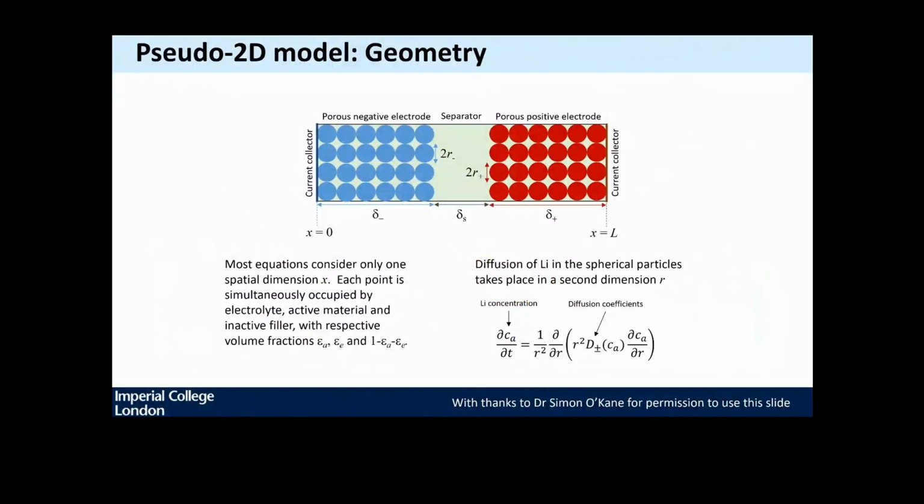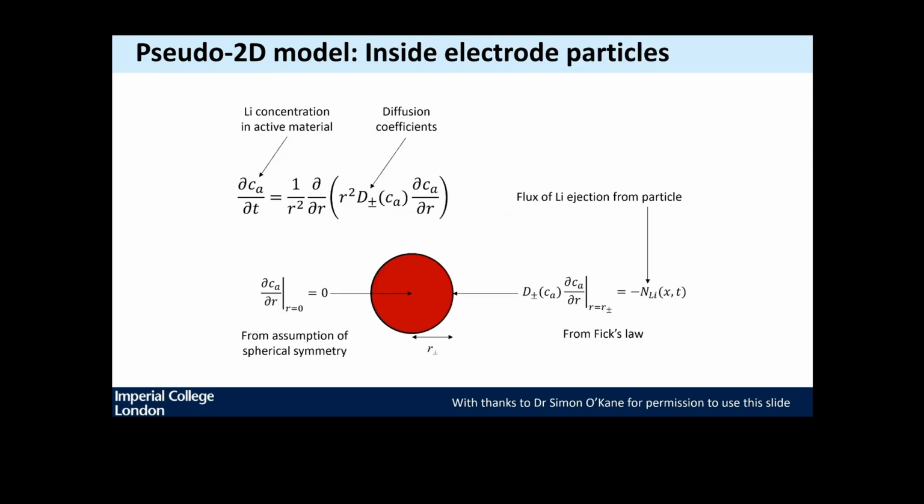So I end up with these domains where I have a separator which is a sponge filled with electrolyte, and I have electrodes that are effectively sponges filled with electrolyte, but in the model, this series of spheres. And it's inside these spheres that I told you I'm interested in this diffusion, which is the slowest mechanism, and it's very important for power rate of batteries.